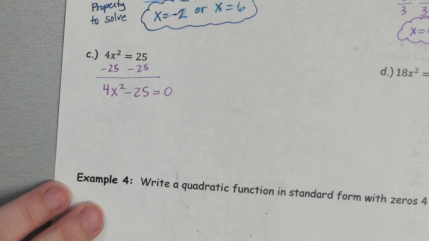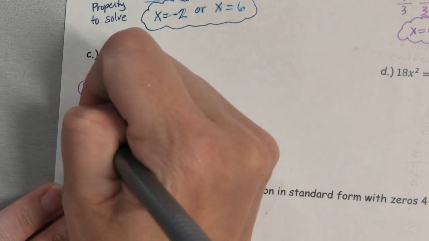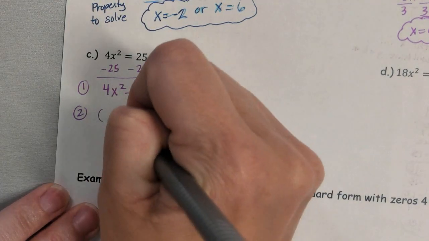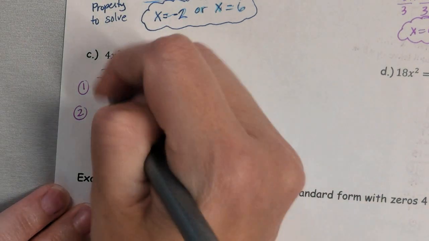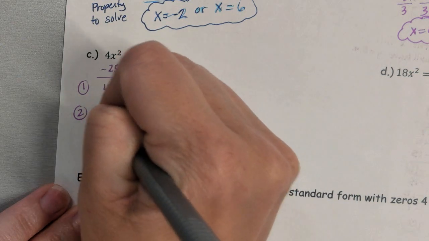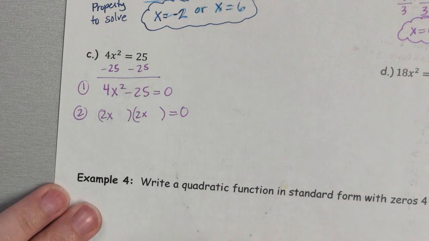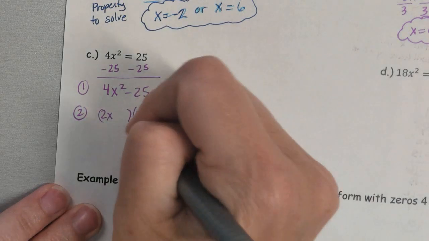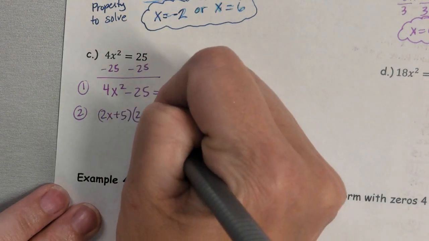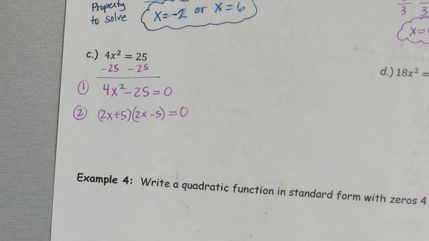Now right away I notice 4 and 25 are perfect squares. So this looks to me like it's going to be the difference of two squares. So I'm going to guess and check that. So the square root of 4 is 2. So 2x and 2x. Okay, and then to get a negative 25, I could have a plus 5 and a minus 5. And then I'm going to check that with FOIL.